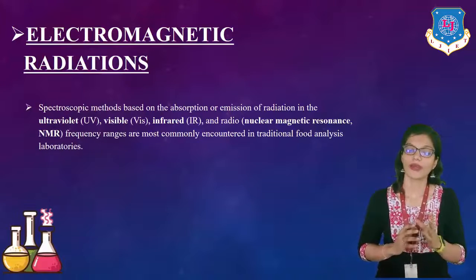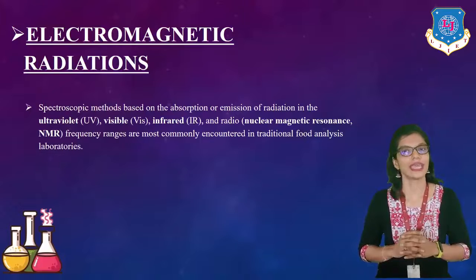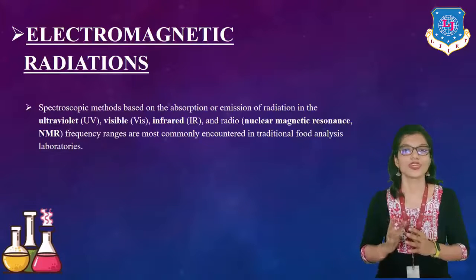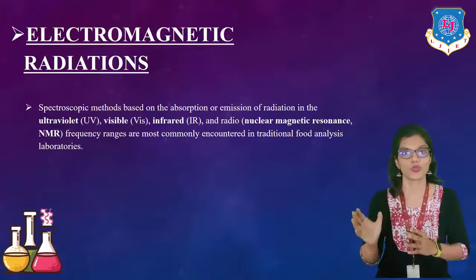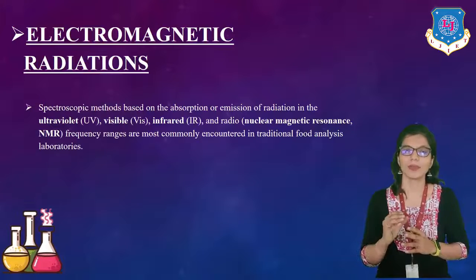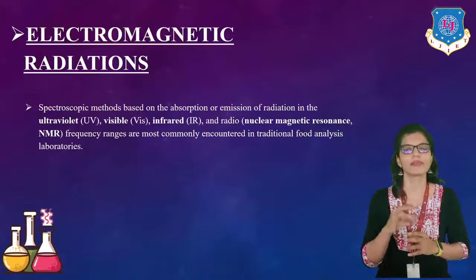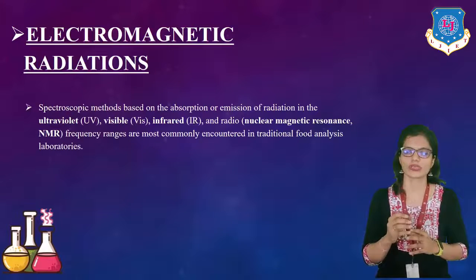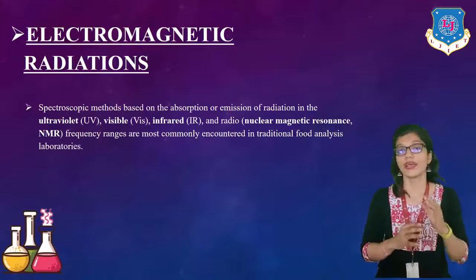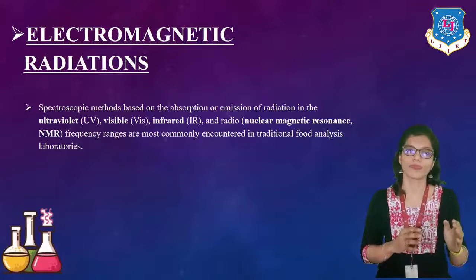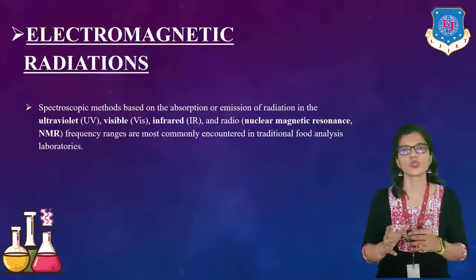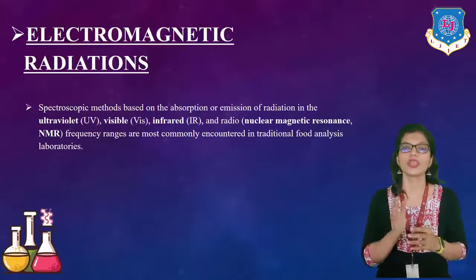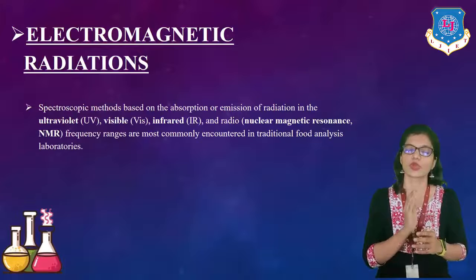Depending upon the ultraviolet region, the technique is called UV spectroscopy. The technique that uses the visible region is known as visible spectroscopy. Similarly, the technique which uses IR is known as infrared spectroscopy. Similarly, we use radio waves in nuclear magnetic resonance spectroscopy.